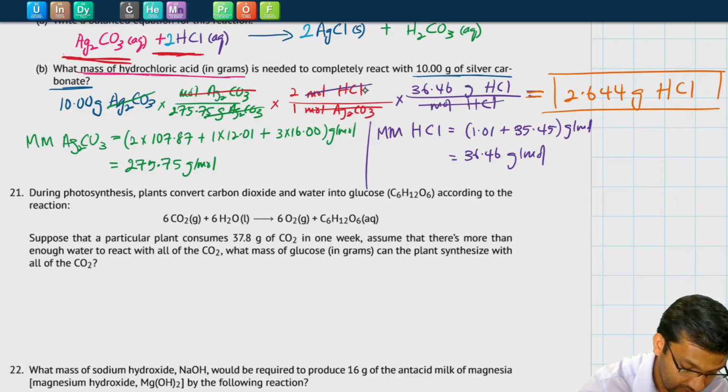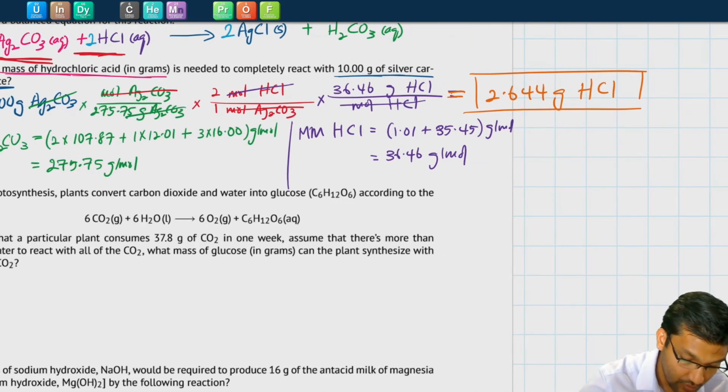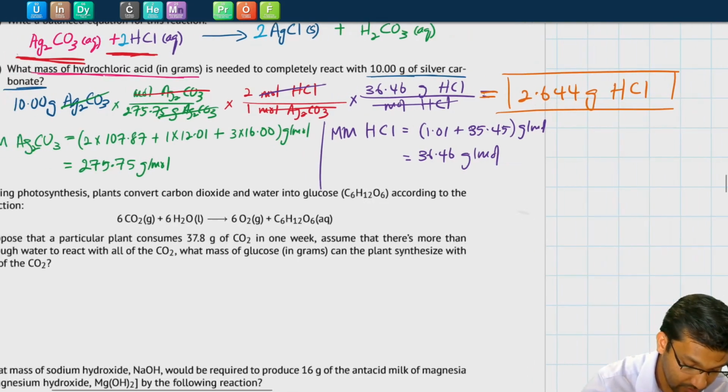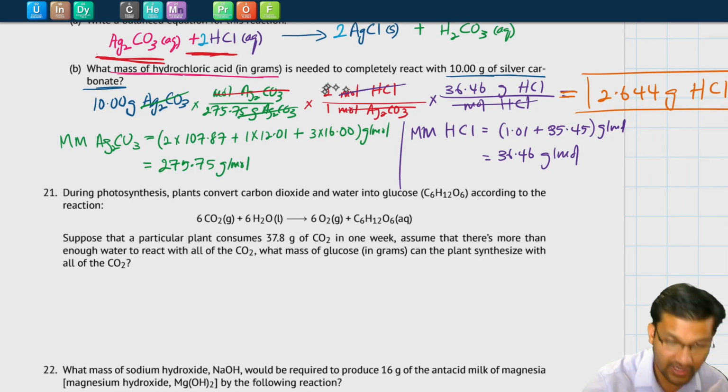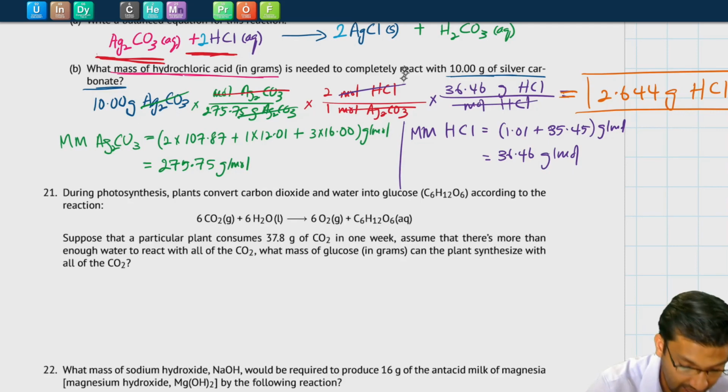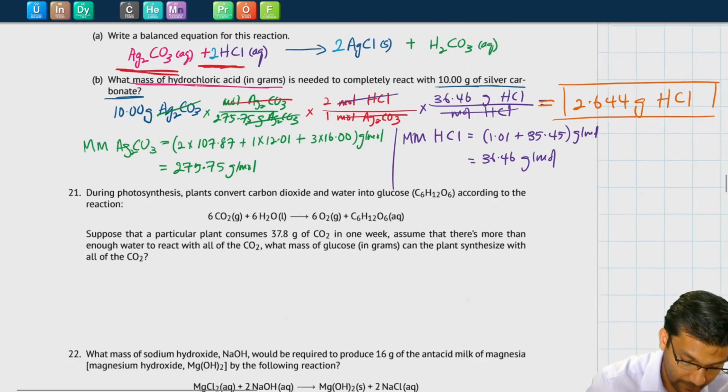Then we take the moles of silver carbonate, convert it to moles of HCl using the molar ratios or the stoichiometric ratios, and then convert that number of moles into mass using the molar mass again, but this time of HCl, to give us our answer. I have 4 sig figs in our answer because we started with 4 sig figs, and the mole ratios are exact. There's going to be exactly 2 moles of HCl that react with 1 mole of silver carbonate.